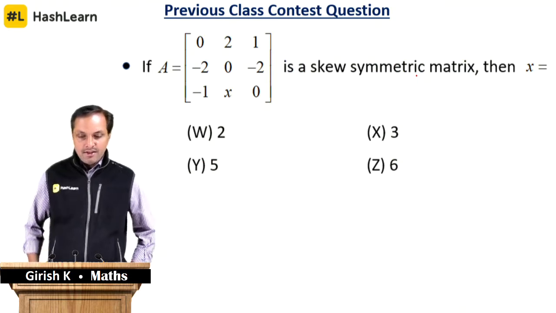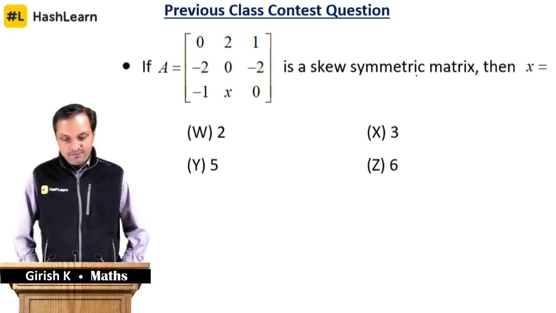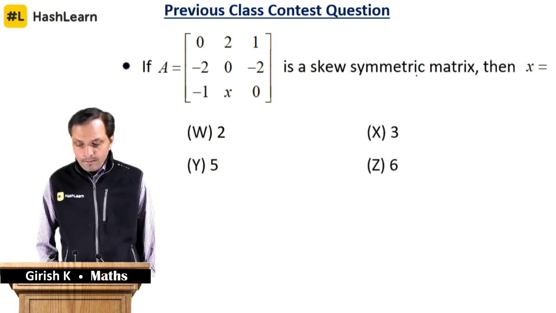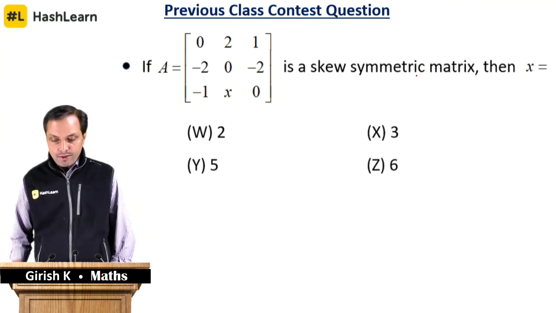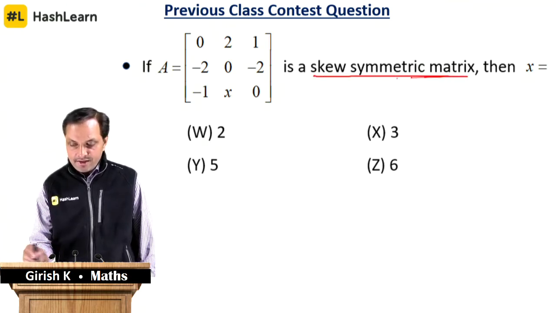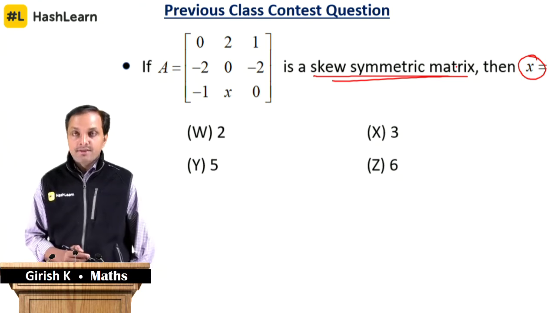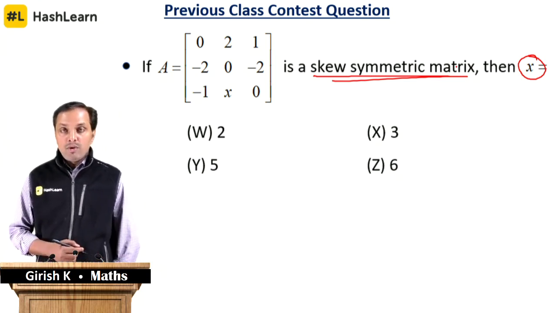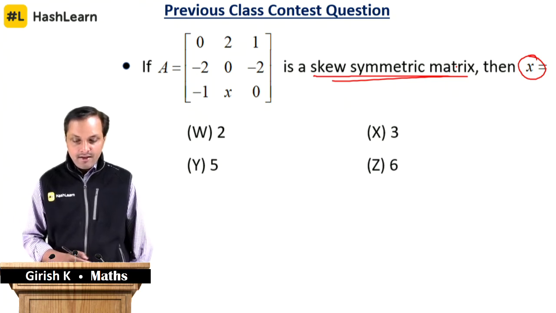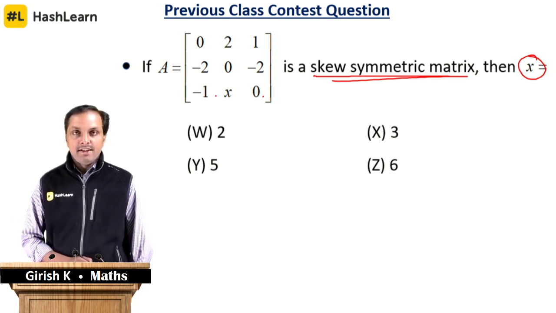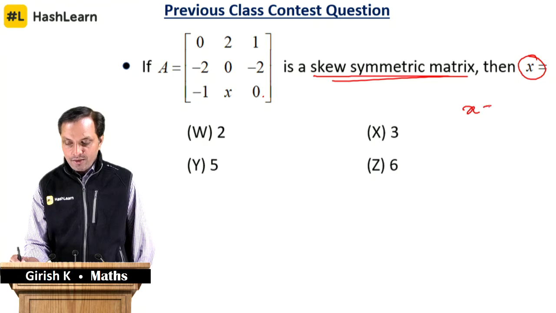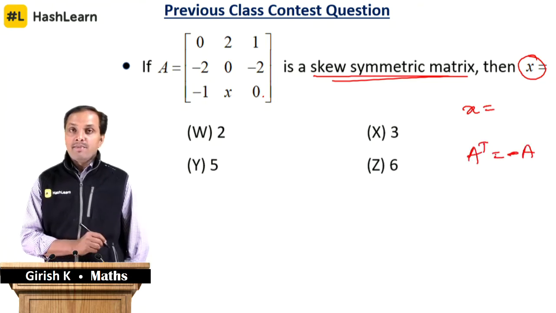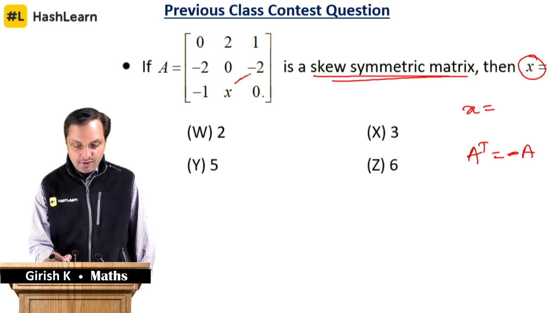The next one is the previous class contest question. You know that the question was skew symmetric matrix, then what should be the value of X? As I told you, I had taken one problem in the starting. X was here, now the X is here, and by looking at that, you know that when you change, A transpose is equal to minus A, because of this minus sign, you know minus 2 is present.